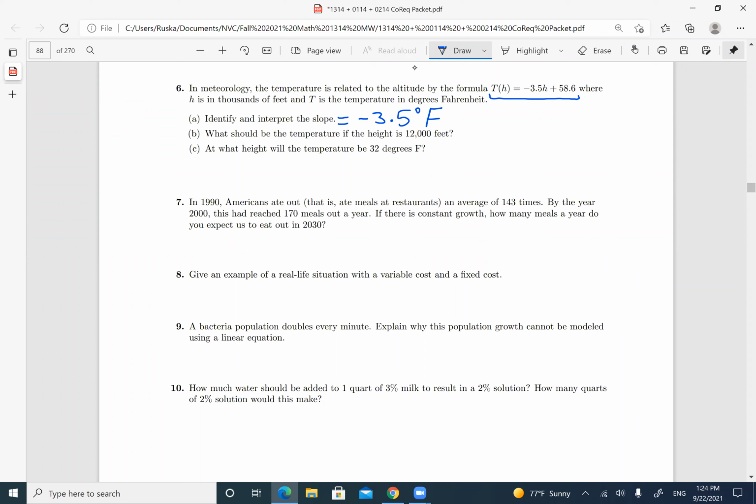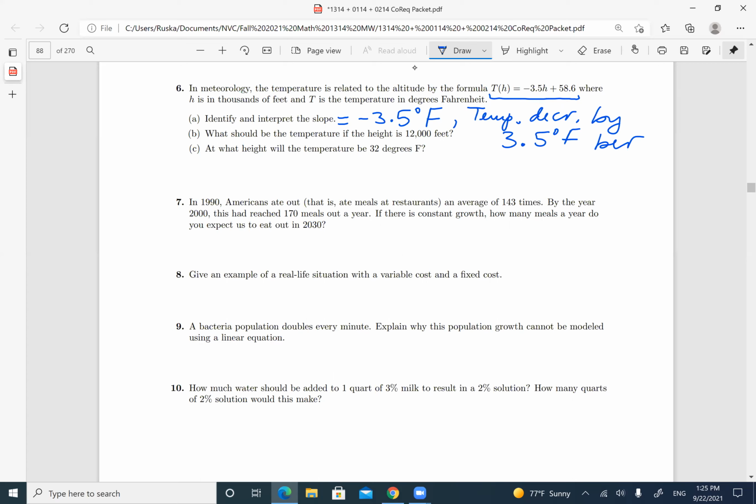The temperature decreases by 3.5 degrees Fahrenheit per what?